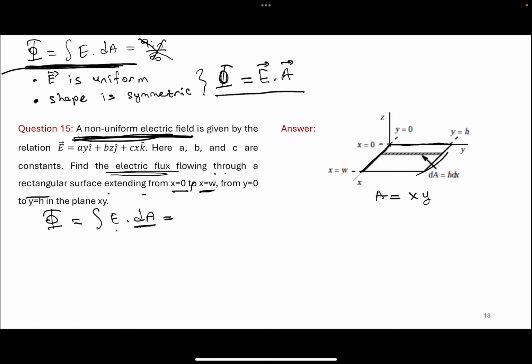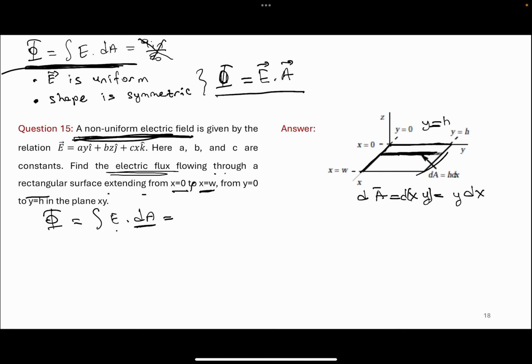It means we will take the integral on the x coordinate. Okay, so if I take the derivative for both sides, you can write y dx. Look at here, y equals h. I will write this one.